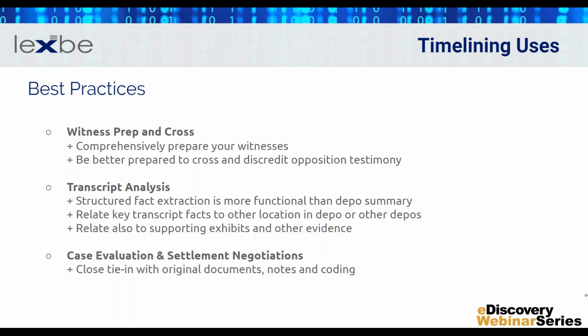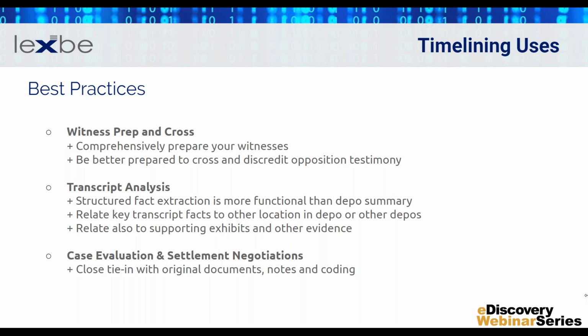You can also relate key facts to supporting exhibits and other evidence, which you can imagine are going to help you if we're going to go back to that discrediting a witness later on down the road scenario. So, transcript analysis, like I said, I think is something that is not often thought of or utilized as much as it should be in a timelining software. It's obviously helpful in the case evaluation and settlement negotiations.